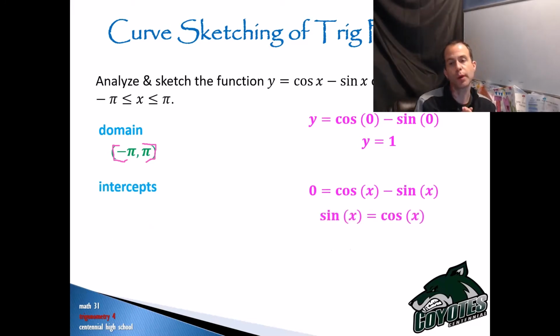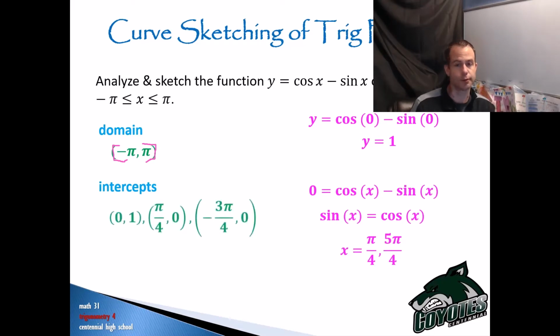So I'm looking for where sine of x equals cos of x. I know that that happens in quadrant 1 at pi over 4. And I know that it happens in quadrant 3 at 5 pi over 4. Now, 5 pi over 4 is outside of my domain, but the negative version of 5 pi over 4 is not. The negative version of 5 pi over 4 would be negative 3 pi over 4. So I know I have intercepts at (pi over 4, 0) and (negative 3 pi over 4, 0).